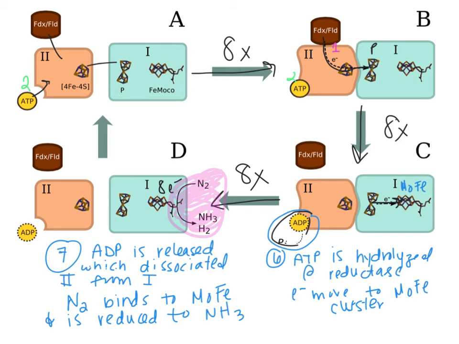So there's actually 2 of them here, 2 of them there. 2 get hydrolyzed at the same time, and 2 ADPs are released. So once this goes through 8 total times, that's where you get your 16 ATPs being hydrolyzed in order to build up really enough energy to reduce the dinitrogen into NH3.